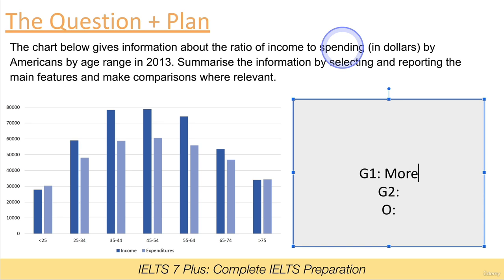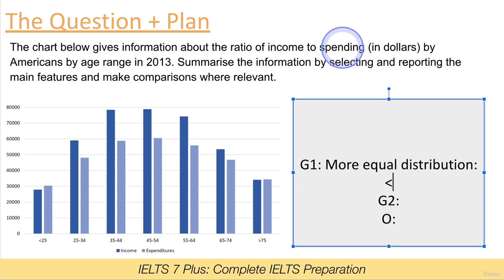So a more equal distribution. Let's go under 25s, 65 to 74, and then over 75s.